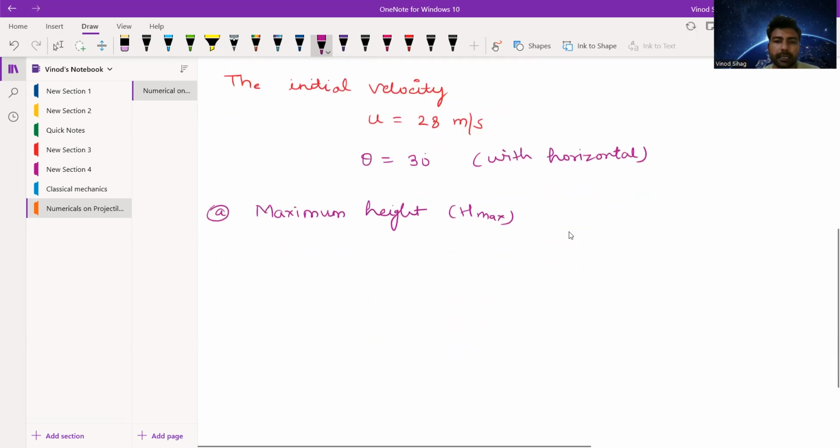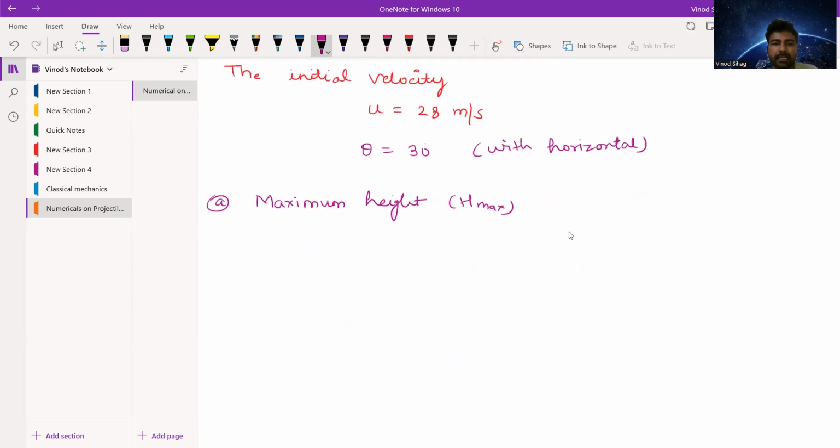As we know that in case of projectile motion, S maximum is denoted by u square sine square theta upon 2g. Okay, where u is the initial velocity and theta is the angle with the horizontal and g is the acceleration due to gravity.